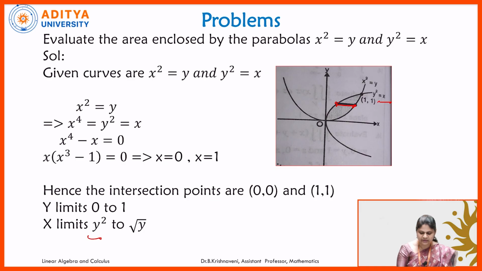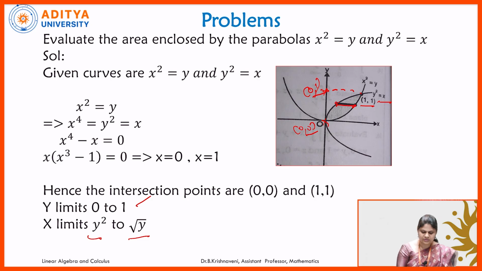Right is touching the curve x square is equal to y, which gives x is equal to root y. The corresponding y limits are given on the y axis in the region of integration. Here it is 0, and since the point of intersection is (1, 1), this point will be 1, so y varies from 0 to 1.